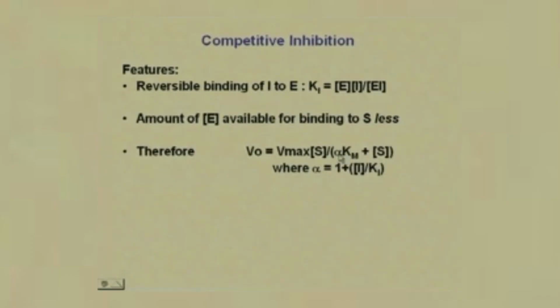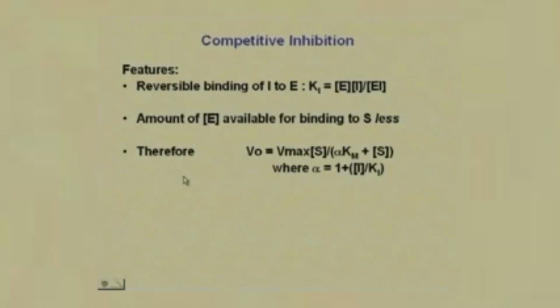It means that the modified Km in the presence of the inhibitor is always greater than the Km value for the uninhibited enzyme. So we have an enzyme reaction that has no inhibitor, and an enzyme reaction with an inhibitor. We have a modified Km value that is larger for competitive inhibition. So we have an increase in the Km.